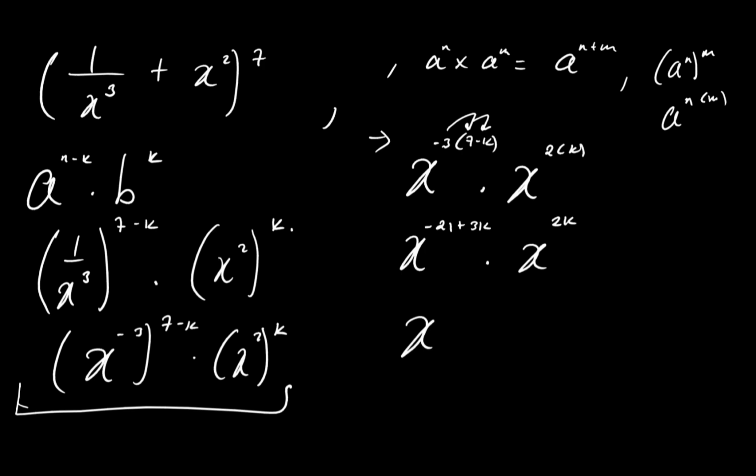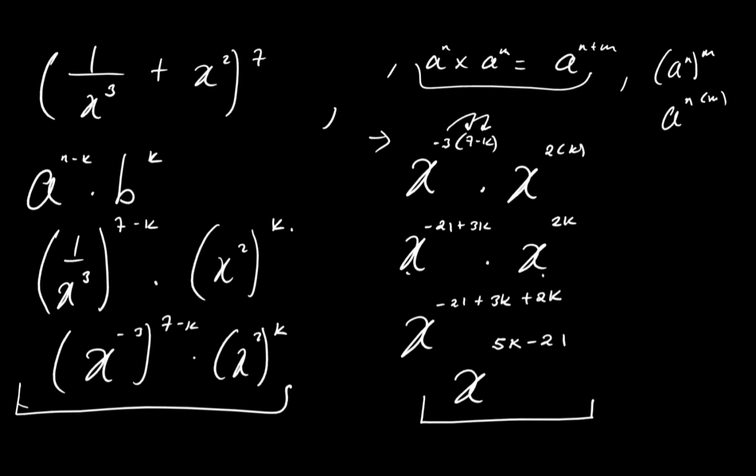Now, same bases, so we apply this concept and add the powers: negative 21 plus 3k plus 2k. So you have x to the power, assuming positives, 3k plus 2k is 5k, minus 21. This is basically the term, x to the power 5k minus 21.